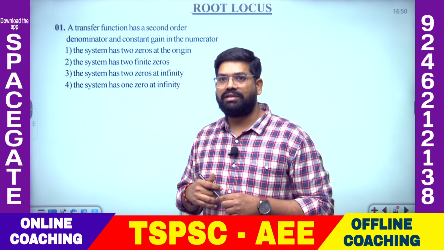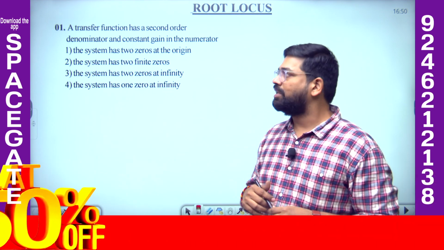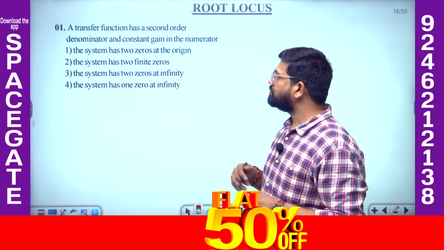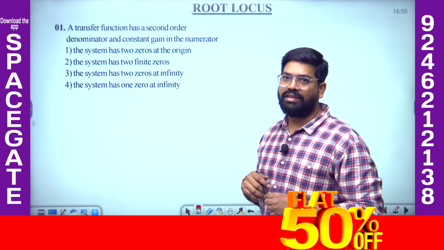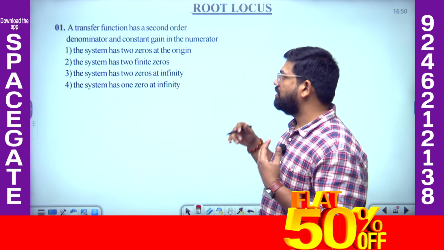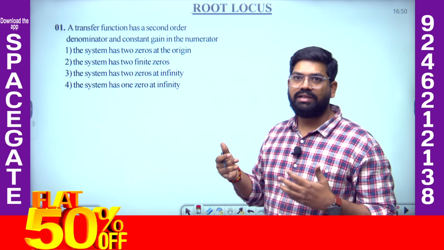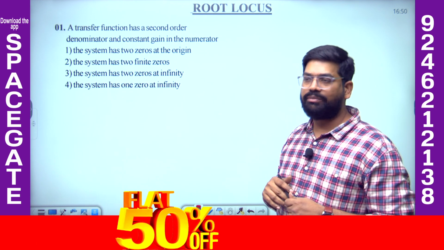Let us have a look at this first question here. A transfer function has a second order denominator and a constant gain in the numerator, then what will be its root locus? Some comments are given in the options.